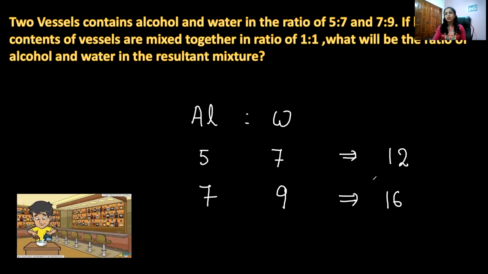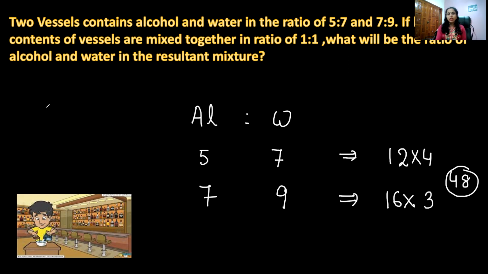Now here you see the sums are not same. So here what we need to do, we need to make them same by taking the LCM. So LCM of 12 and 16 is how much? 48, right? So we are going to multiply this by 4 and this by 3.